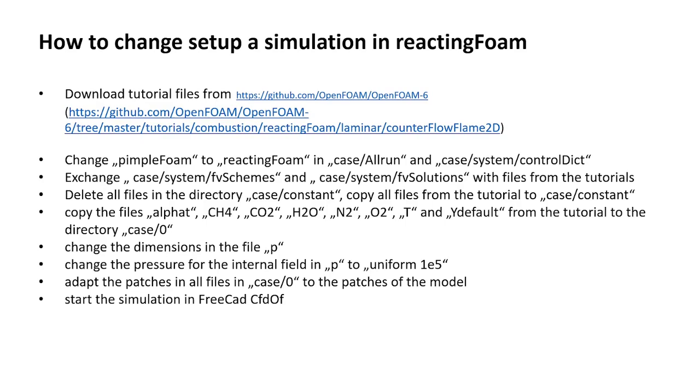You should change the dimensions in the file p. You should change the pressure for the internal field in p to uniform 1E5. And you should adapt the patches in all fields to the patches of the model. And then you can start the simulation in FreeCAD CfdOF.